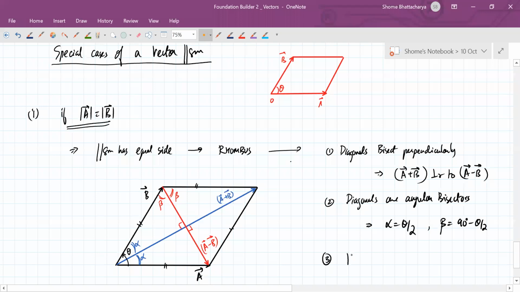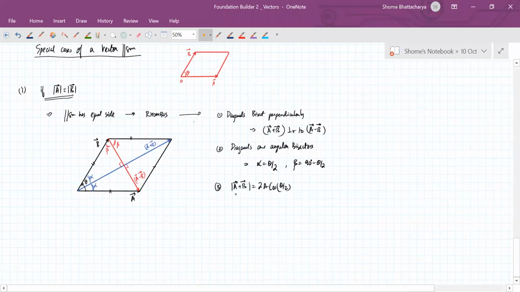We can write this as a short form formula, that A plus B magnitude will become 2A cos of theta by 2, and similarly A minus B will have a magnitude of 2A sin theta by 2, where magnitude of A is equal to magnitude of B equal to capital A.